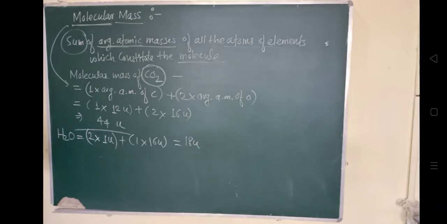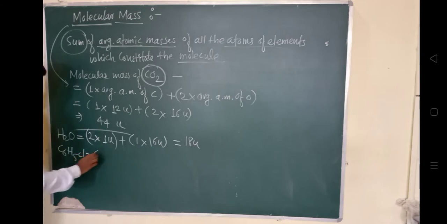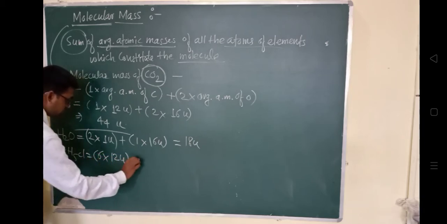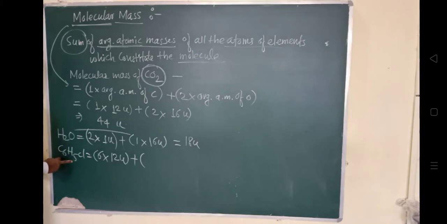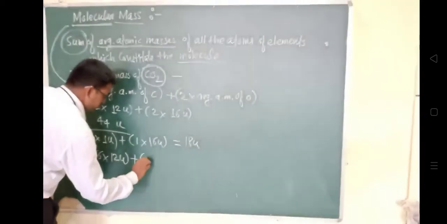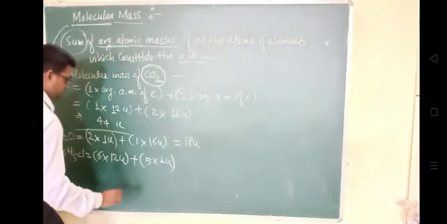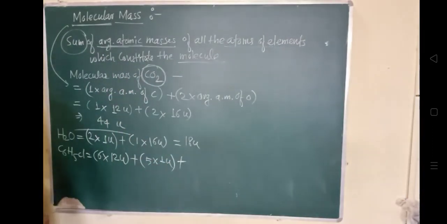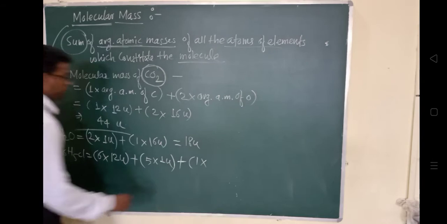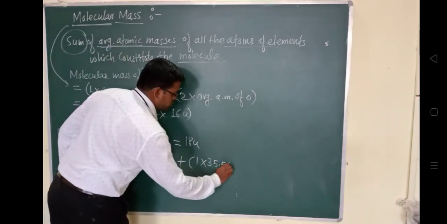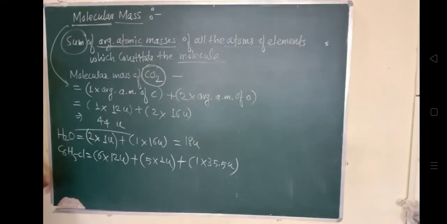We can even calculate for different molecules like C6H5Cl. How many atoms of carbon are there? 6 atoms of carbon, multiplied by the atomic mass of carbon, which is 12 unified mass, plus five atoms of hydrogen, so 5 multiplied by 1 unified mass, then plus for chlorine, only one atom is present, so one atom multiplied by 35.5 unified mass, which is for chlorine.